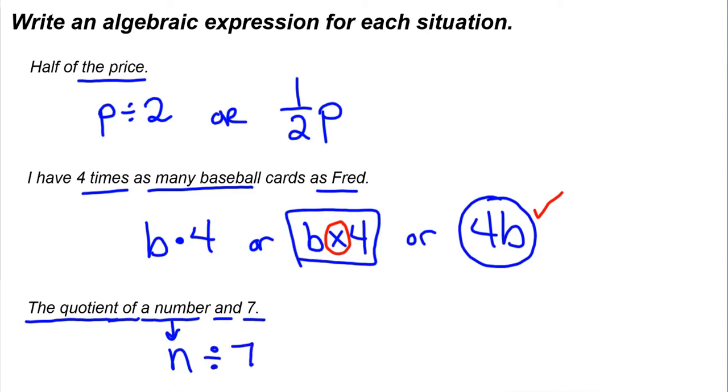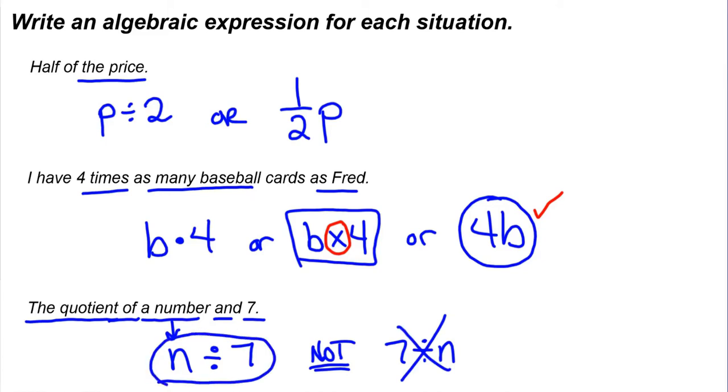It's n divided by 7. Now, when it's written in that direction, it is not 7 divided by n because division is not commutative. I cannot write those both ways. That one would be wrong. This one is the correct representation here, n divided by 7, because when you see a phrase like this, the quotient of, this is the order that they're divided. A number divided by 7.